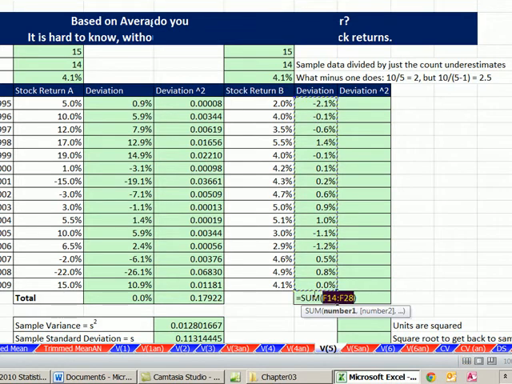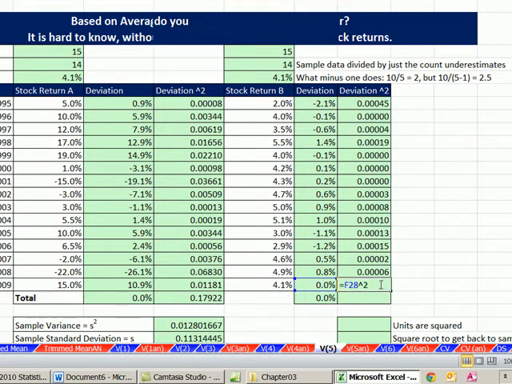Alt equals, and there it is, 0. That's why we have to do something to these, because we can't add up all the deviations. So we're going to square them. All right, so there we have our squared deviation. The fact that we squared it means at the end we're going to have to take the square root. All right, so ready? We're going to add these up.